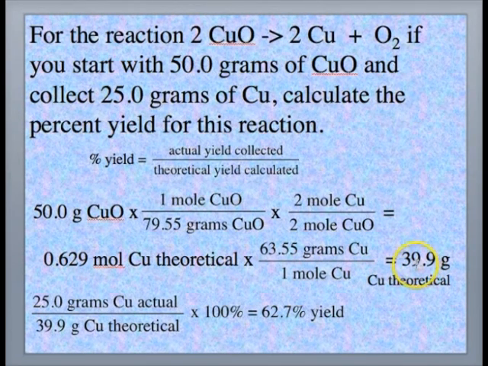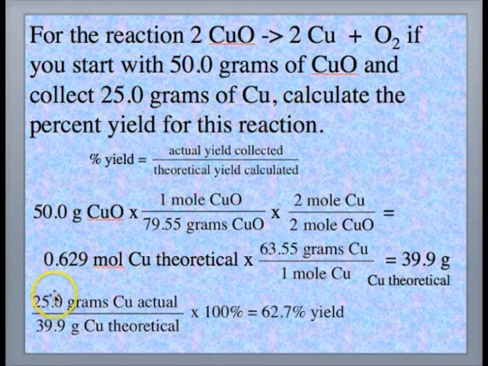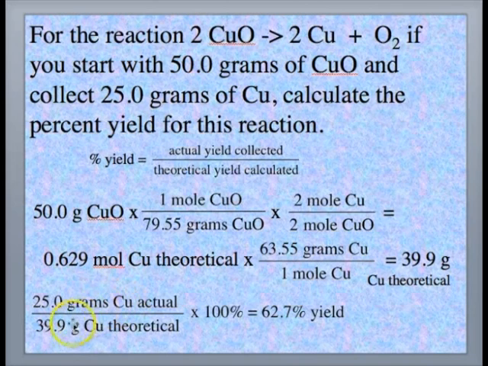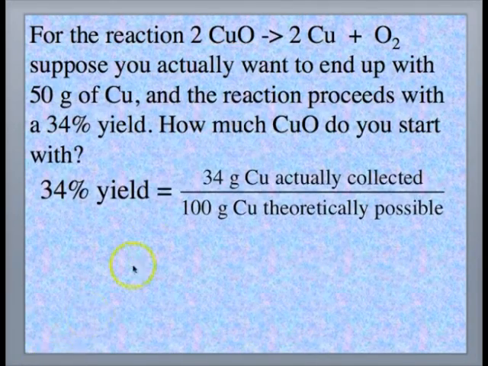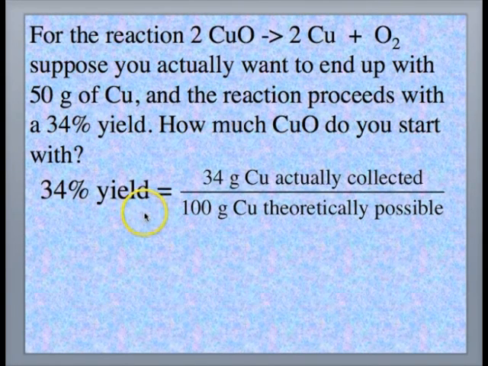Usually we get less than this theoretical amount, and this question says we have 25 grams of actually collected copper, so we make up our ratio, 25 grams of actual copper divided by 39.9 grams of theoretical copper times 100. This is a 62.7% yield.